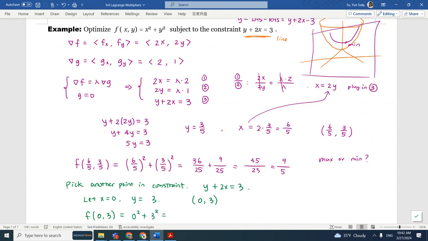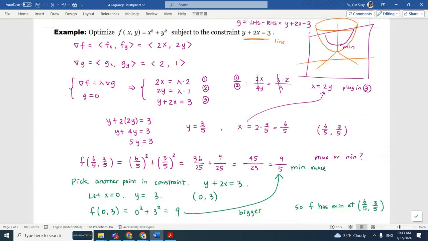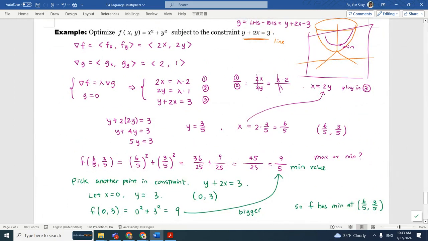What's your answer? 9. Do you see 9 is bigger than 9/5? So f has a minimum at the point 6/5, 3/5. This is actually a minimum value, and it matches with our answer.